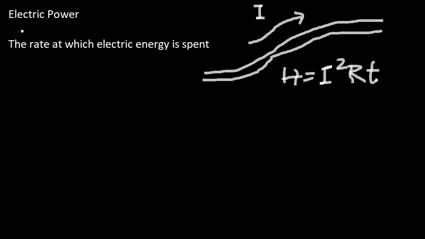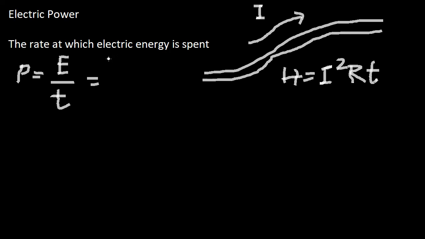And when we say that electric power is the rate at which energy is spent, we can say that the power is equal to the energy, suppose E, or it can also be written as H, divided by T. So it is the rate at which energy is spent or consumed.